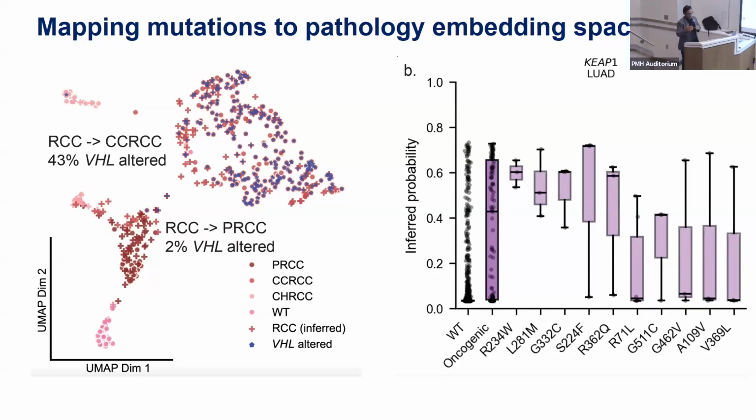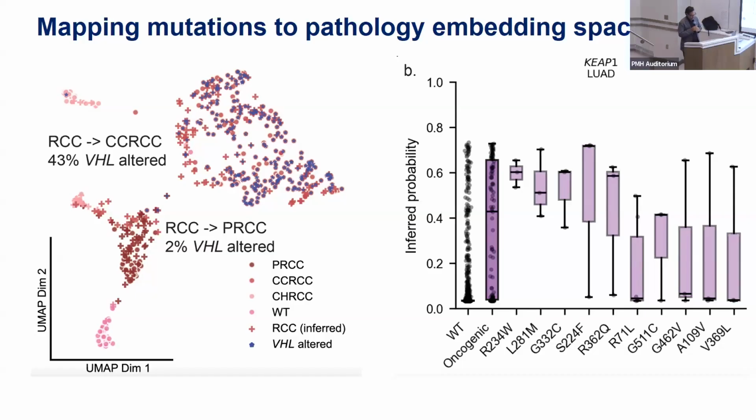These other mutations are what we call variants of unknown significance. They may not have been studied. They may not have functional data that goes with them. But we can make a prediction that the mutations towards the left of this plot are likely to have some sort of functional significance, and the ones on the right are probably not. So we can start to interpret mutations by integrating them with the embedding space of the pathology information. That helps us conduct hypotheses that could then be tested in the laboratory.